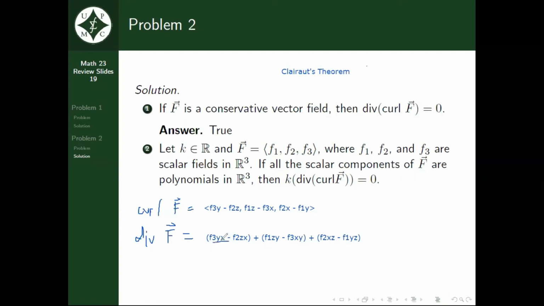So here you may change the order of the variables. So F3yx is also equal to F3xy.